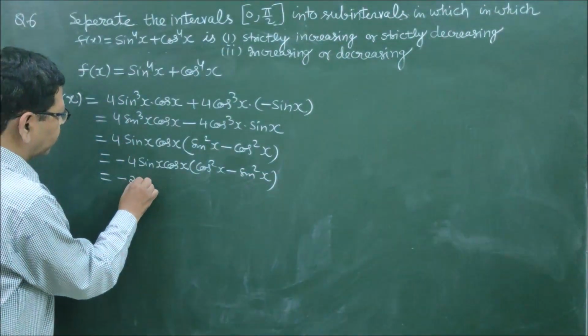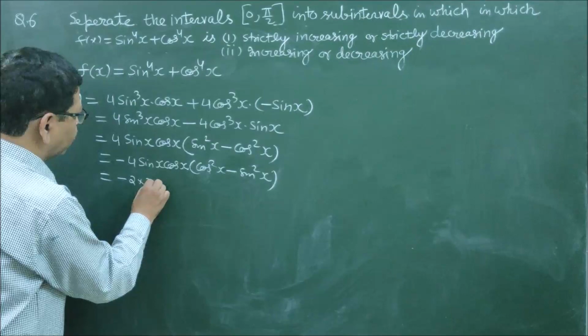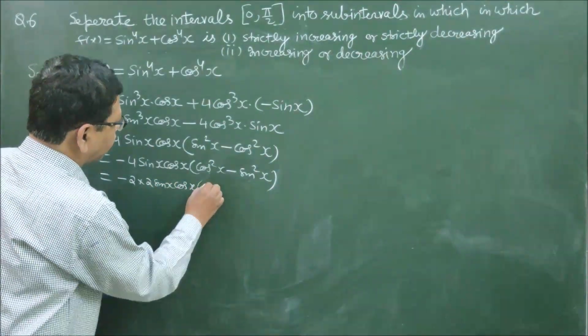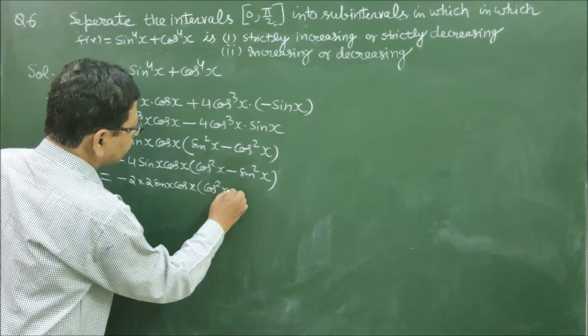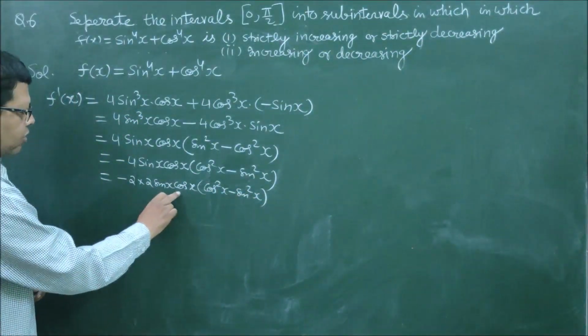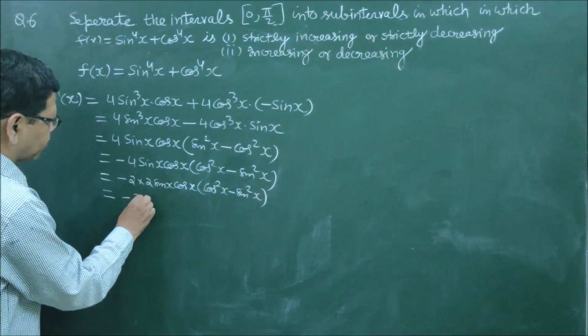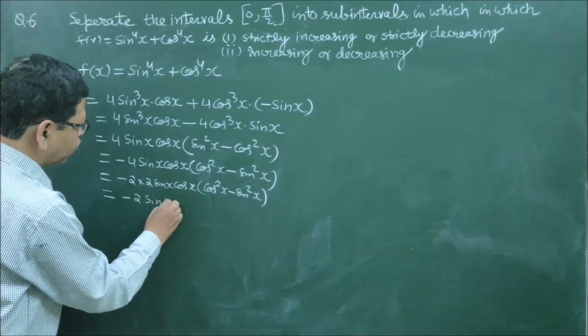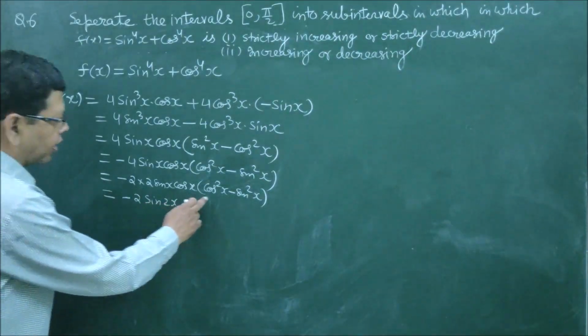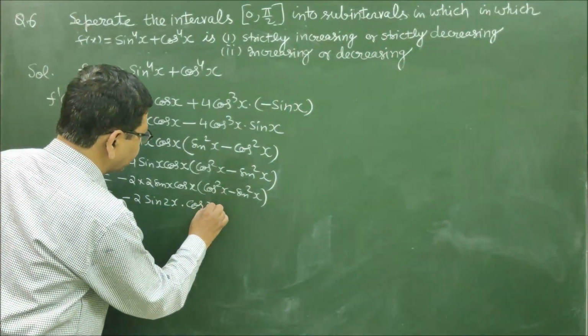Now minus 2 into 2 sin x cos x into cos square x minus sin square x. 2 sin x cos x is equal to sin 2x, minus 2 sin 2x into cos square x minus sin square x, which is equal to cos 2x.